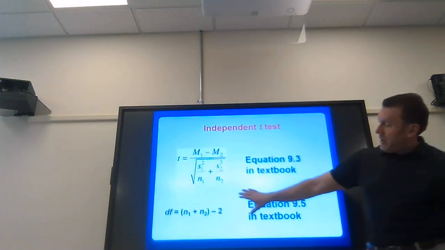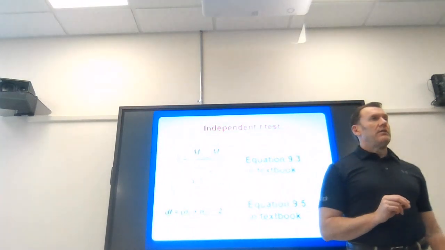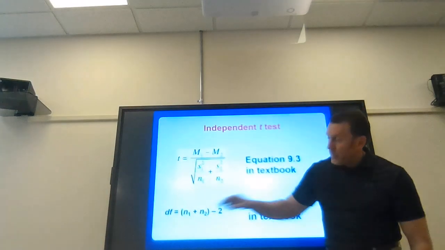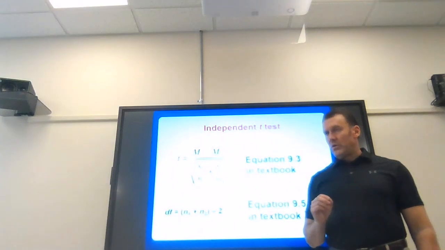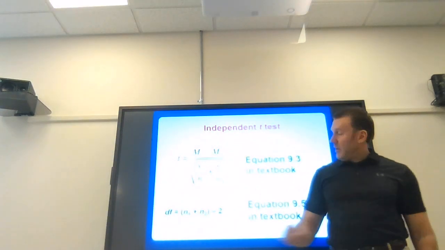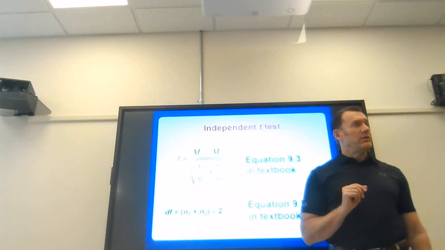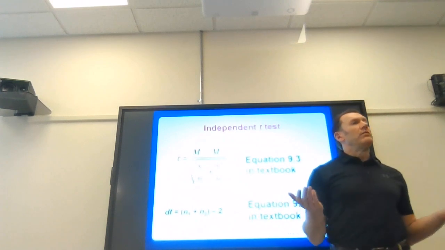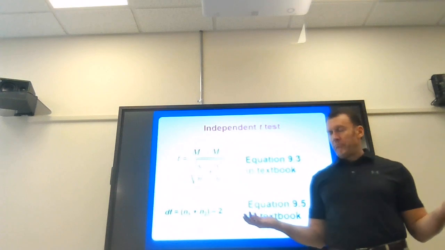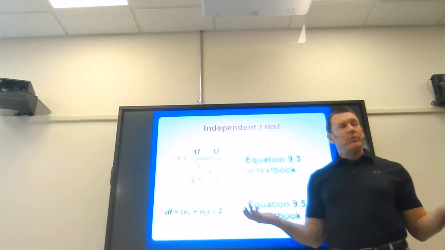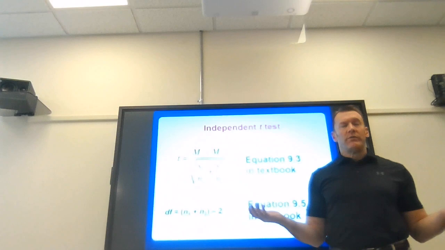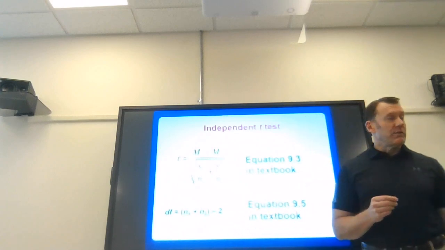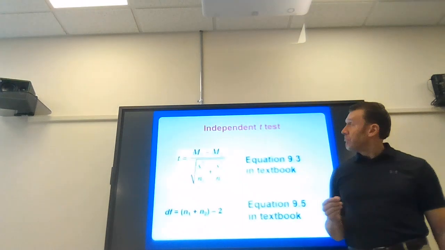For an independent t-test, the degrees of freedom is calculated as the number of people in each group or sample, added together, minus 2. So that's something to remember as well: you add the number of observations in both conditions, and then you subtract 2 to get the degrees of freedom.